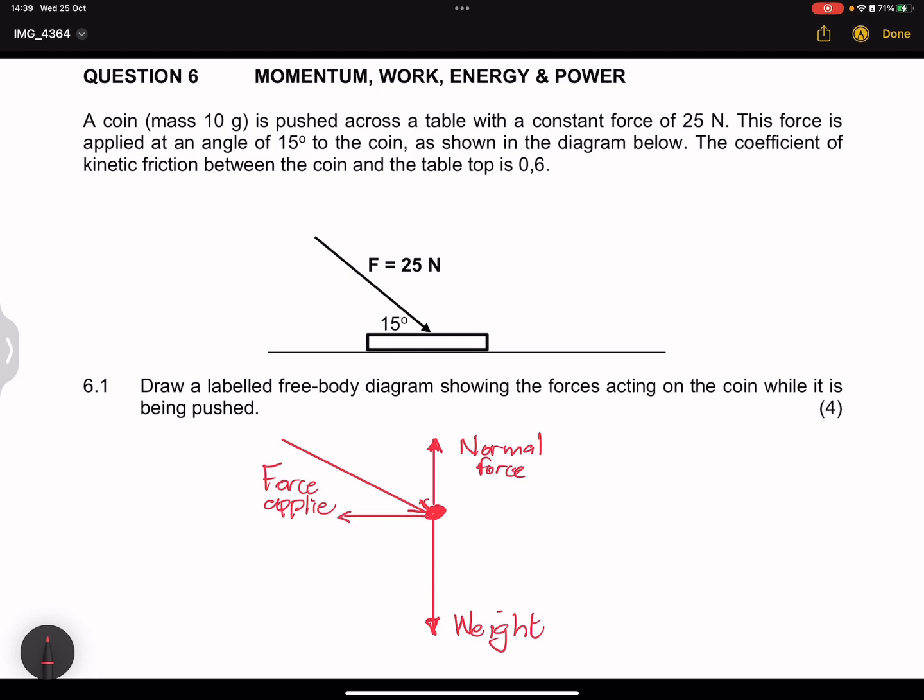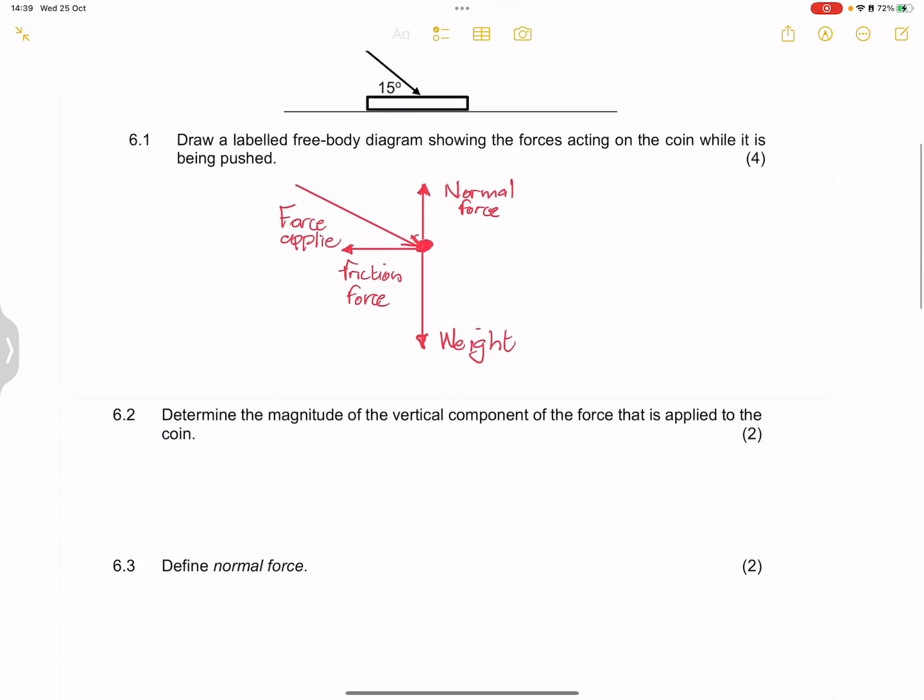So there we will have the friction force. Those are the 4 forces that are acting on that object. Right, so let's go on to the next question.